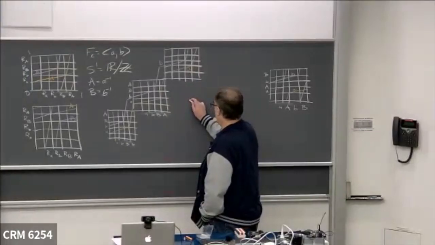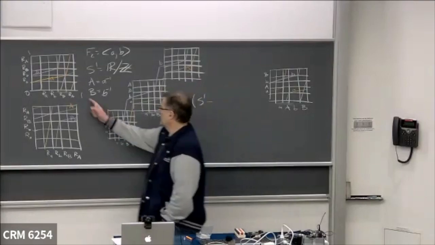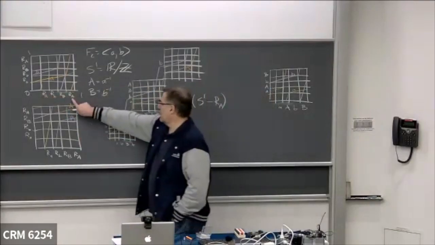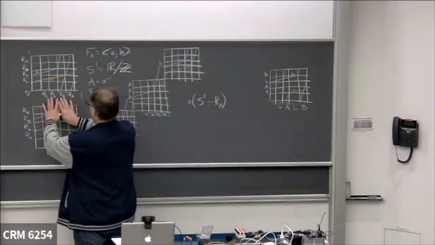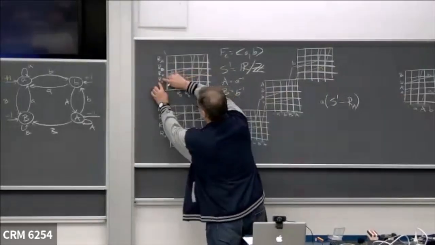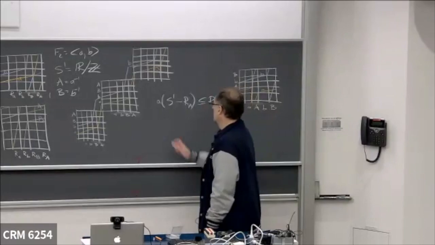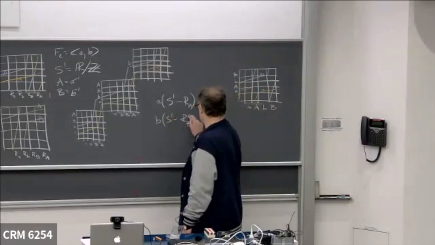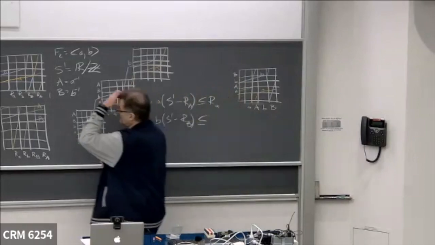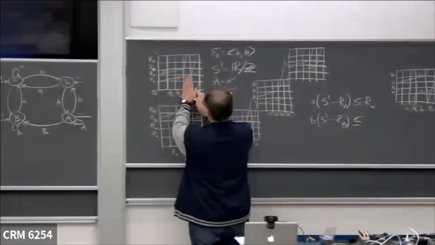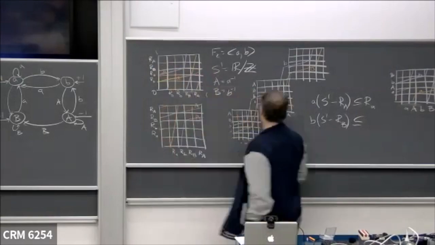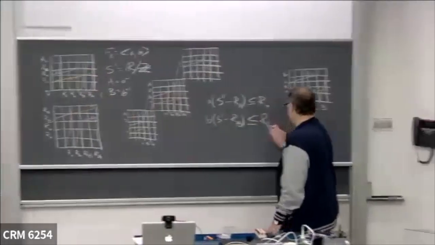Whenever I apply A to any region in the circle except the region capital A, I land in the region little a. Whenever I apply B to any region except the region capital B, so whenever I apply the purple thing to anything except this region, I will land in region little b.